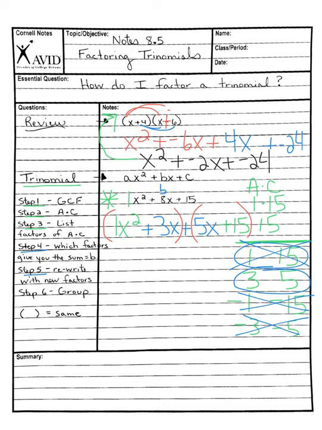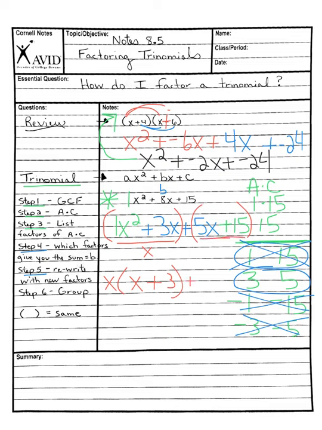Okay. What is a common factor out of this first group? What do they both have in common? They both have an x. So I'm going to take an x out. And what am I left with? I'm left with x plus 3. Let's look at my second group. Bring down my plus sign.